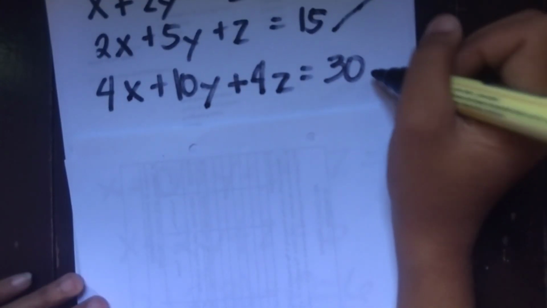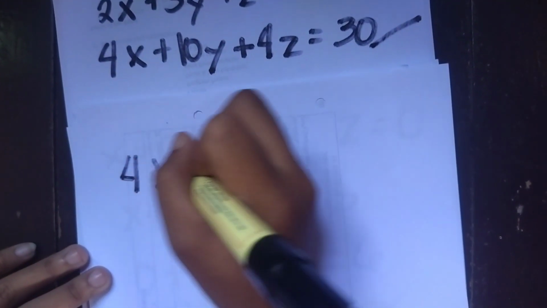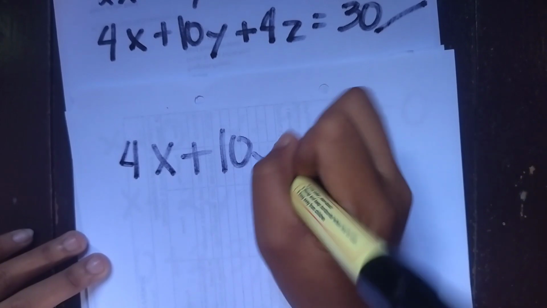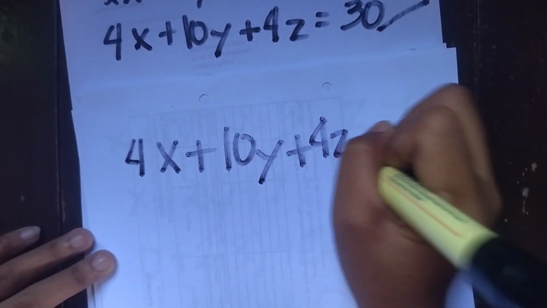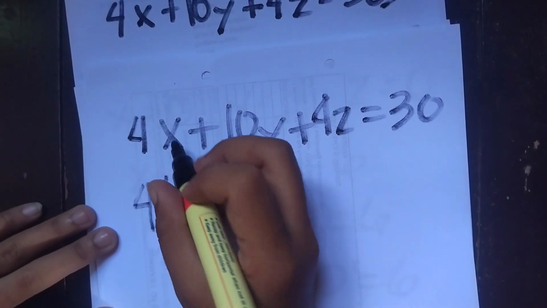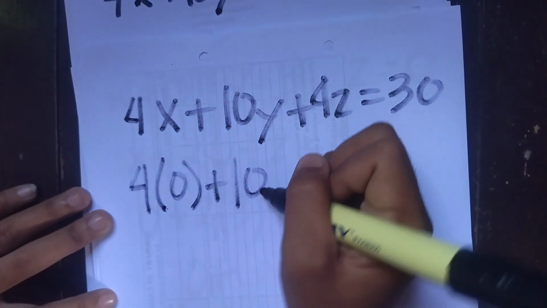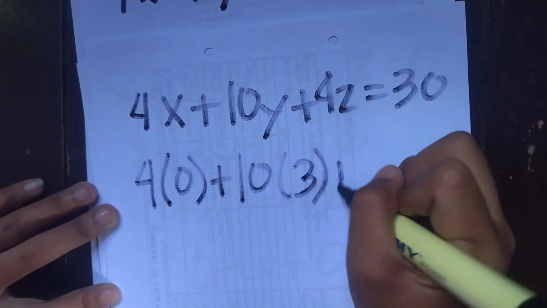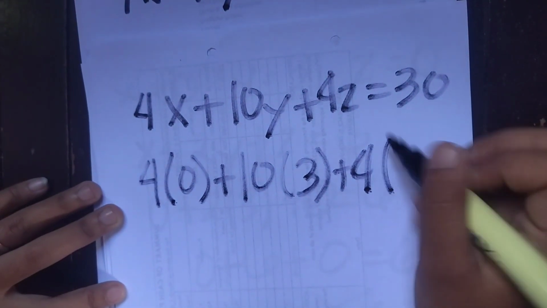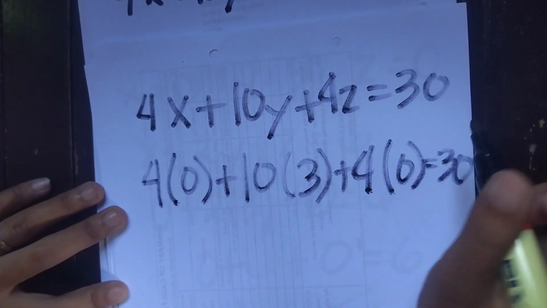And the last is this. So, 4x plus 10y plus 4z equals to 30. So, 4x, so 0, plus 10y, so 3, plus 4z, z is 0, is equals to 30.